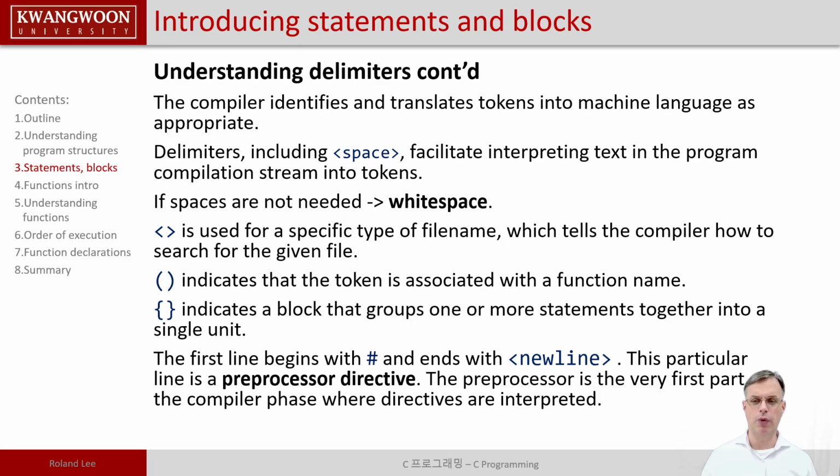We will explore that statement again. Finally, we have the quote mark, which indicates the beginning and the end of the sequence of characters, also referred to as a string.